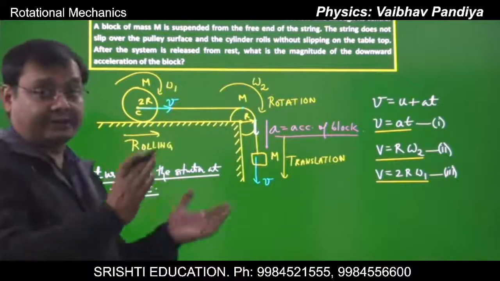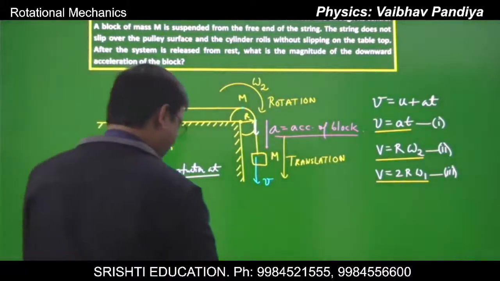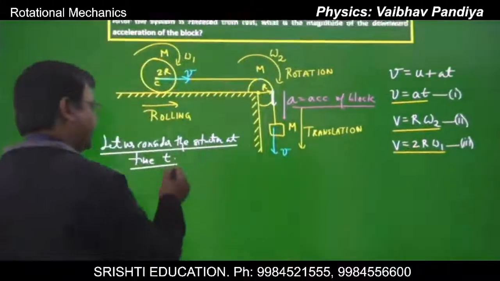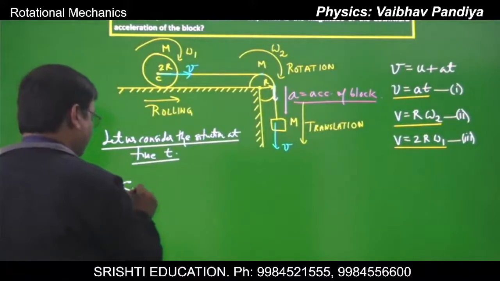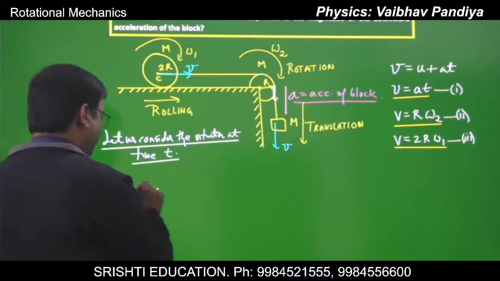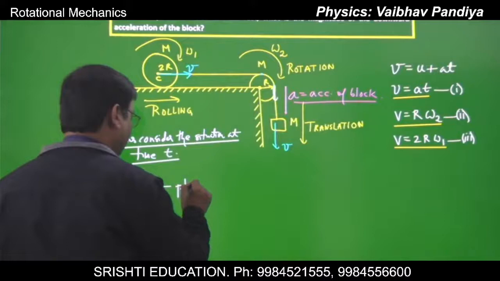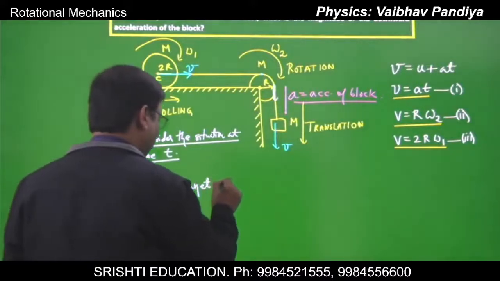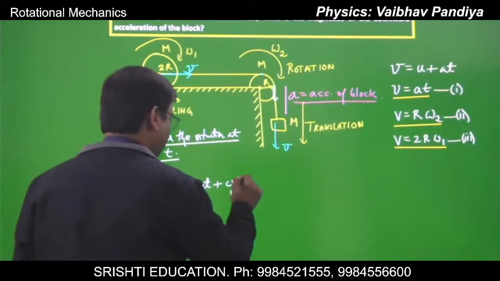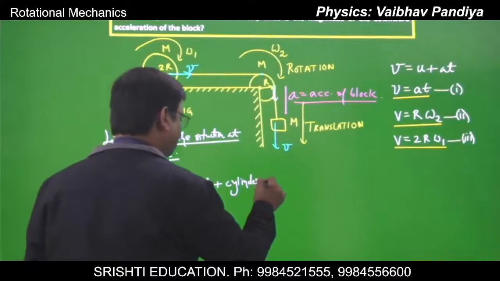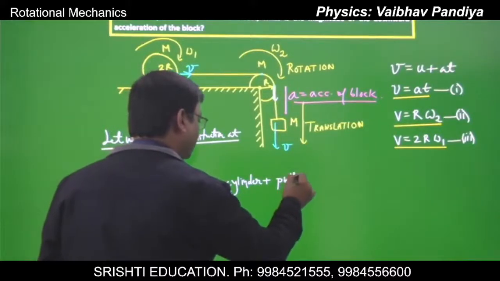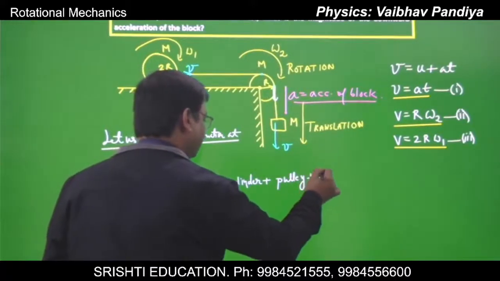Now we want to apply the conservation of energy, and before applying it, we have to define a system. So say I'm taking the system as the planet, the cylinder, the pulley, as well as the descending block.